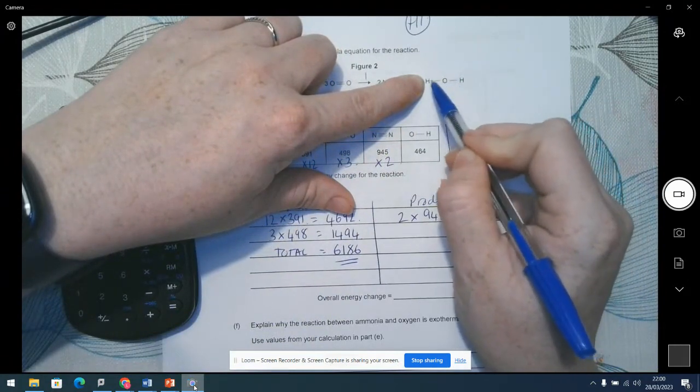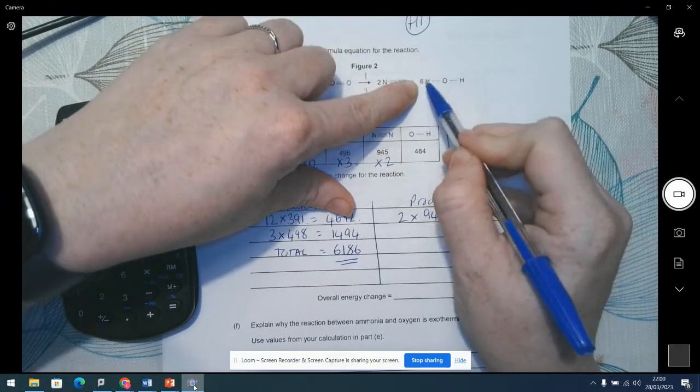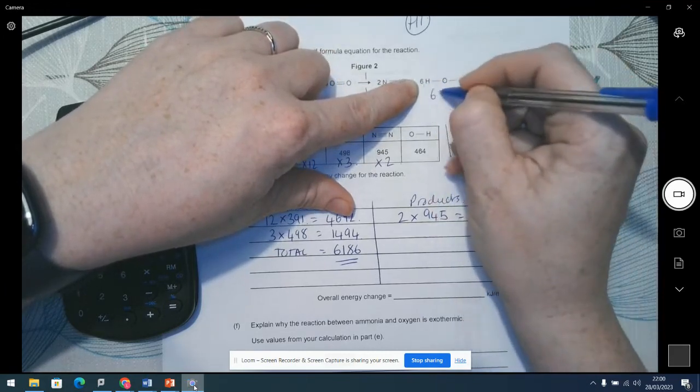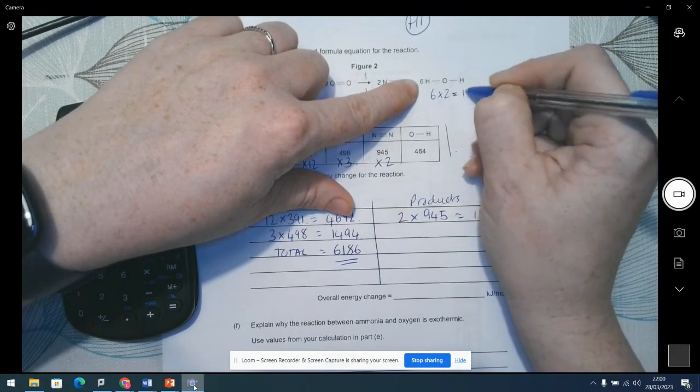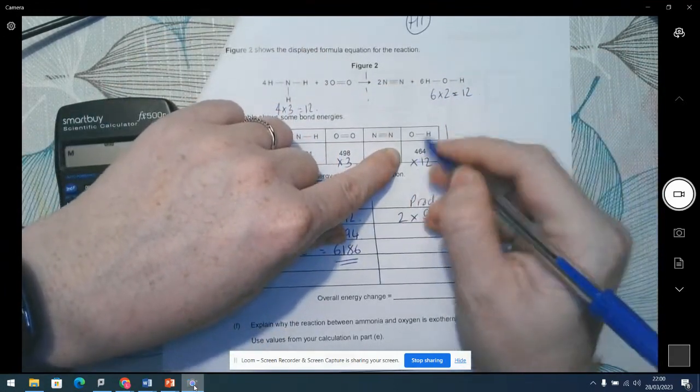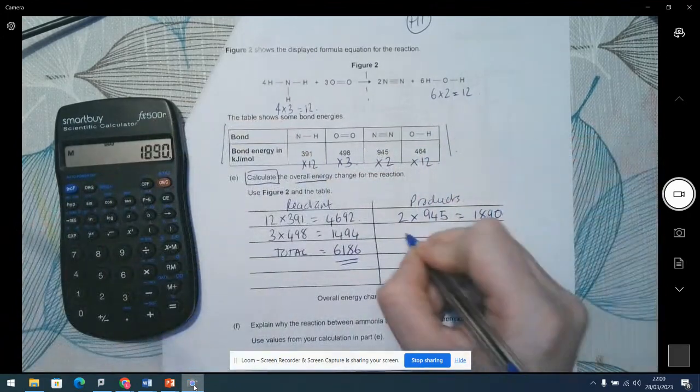bonds you've got. So I can see I've got 2 OH bonds, but in total I'm multiplying that by 6. So we know 6 times by 2 equals 12. So in total I am timesing that by 12. I've got 12 OH bonds there.